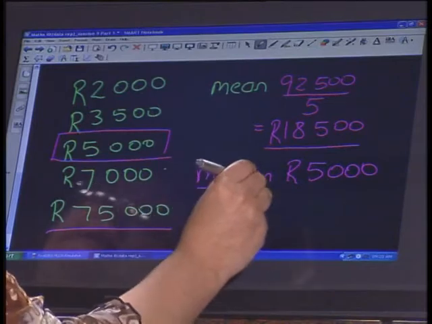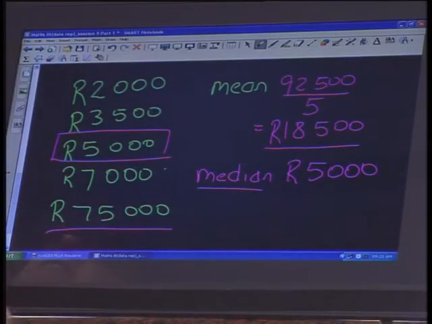So my median is my best central tendency in this example. Now look out for this. In an exam or in an exercise, whenever they ask you which is the best central tendency, very often it is the median, because very often they have these huge outliers. So it's something that you just need to keep in mind.